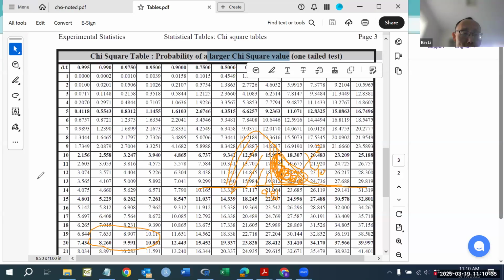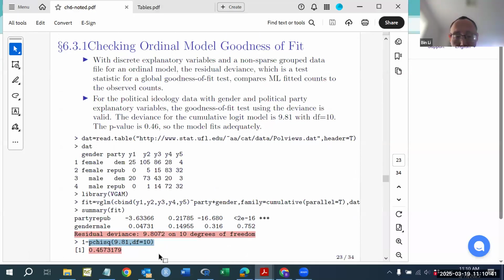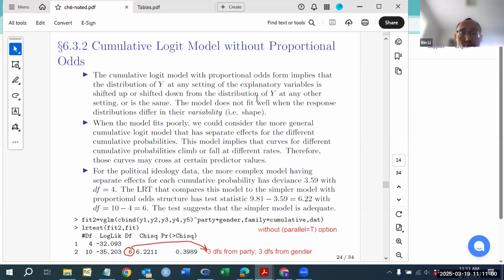But if you use R to get that, then you need to do the 1 minus. So that's the p-value, and that's the goodness of fit. As I said, goodness of fit just tells you overall whether the model fits the data well or not. It's not doing model comparison.